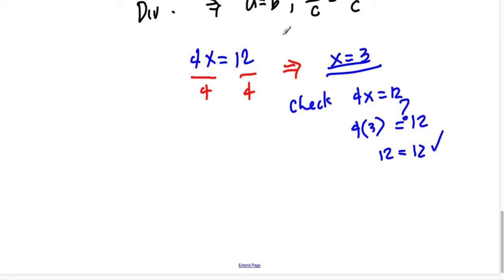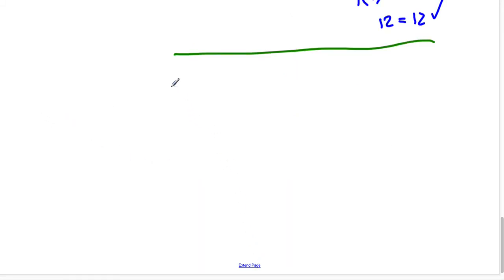Let's take a look at another example. We have 3m is equal to negative 15. We want to isolate m on one side of the equation.